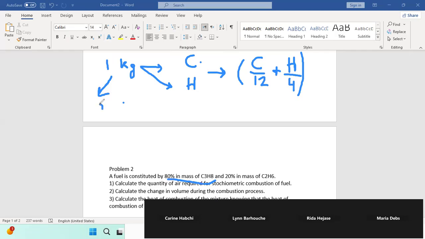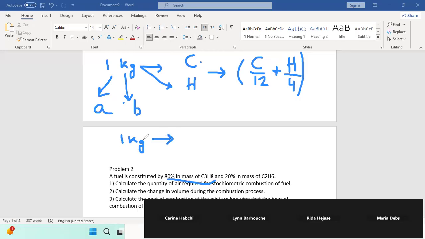We named it A. And what is the number of kilomoles of C2H6? We named it B. So if we want to find the variation in the number of kilomoles, we have to determine, for 1 kilogram, the number of kilomoles that we have.